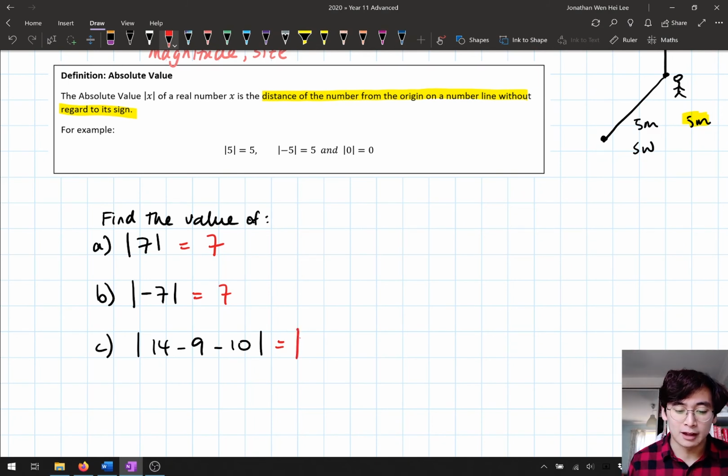So I'm going to have my absolute value sign, and do 14 minus 9, which is positive 5, and then 5 minus 10, which is negative 5. So here I take the absolute value of negative 5, which just gives me 5. With absolute values, we're just looking at the distance of a number from the origin without the sign. So we take the magnitude or the size of the number and don't worry about the sign.